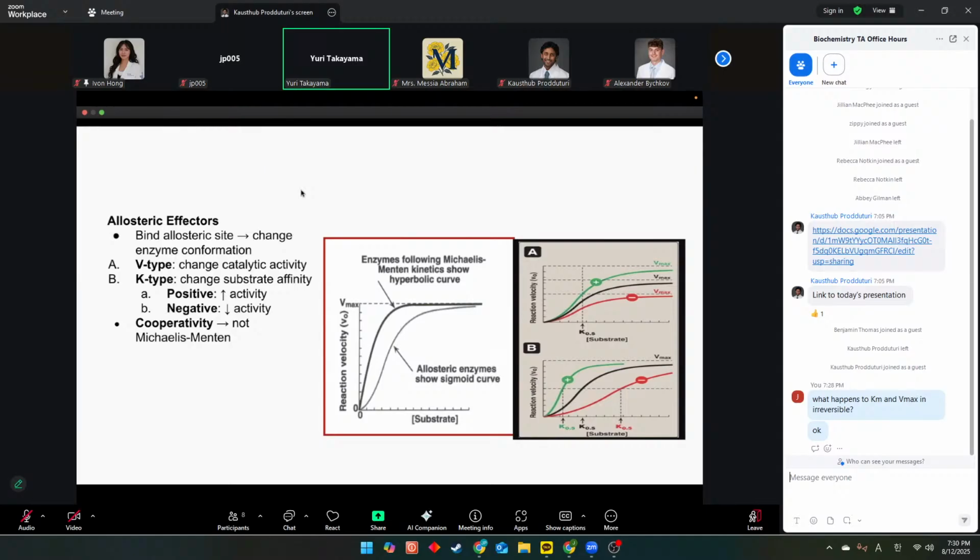So graph A is V-type and B is K-type. If they're positive effectors, then they boost the activity. If negative, then they suppress it. These enzymes show cooperativity and do not follow Michaelis-Menten kinetics.